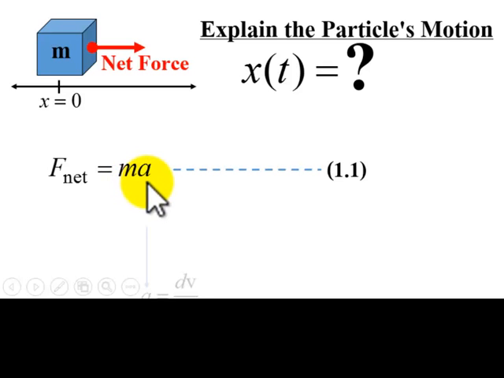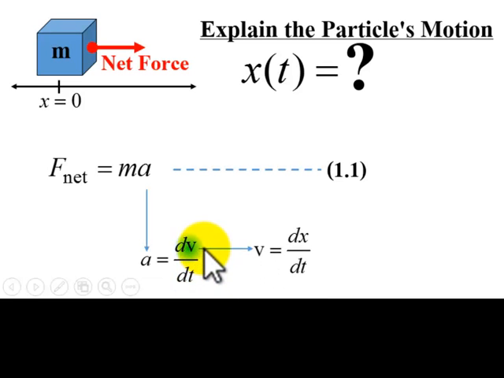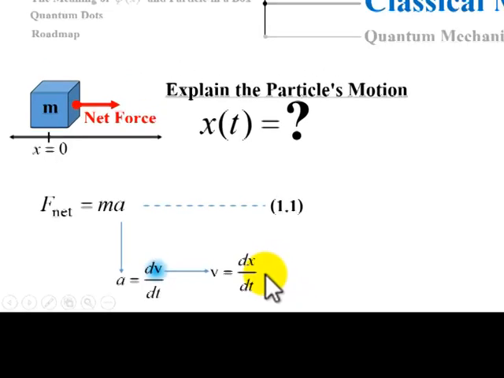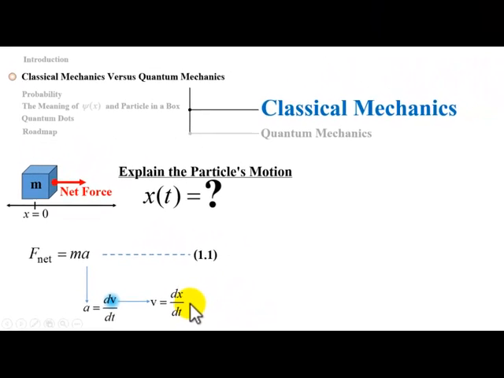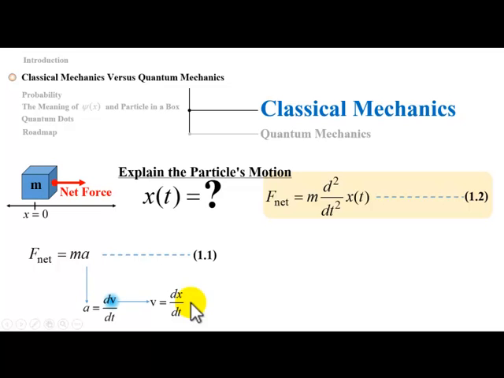But the acceleration a is the change of velocity with respect to time, or a equals dv by dt. And the velocity itself, by definition, is dx by dt. Therefore, we can rewrite Newton's second law in the following form. F net is equal to the mass times the second derivative of x with respect to time.